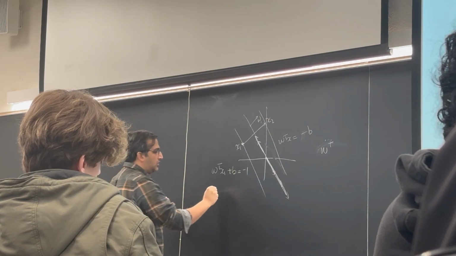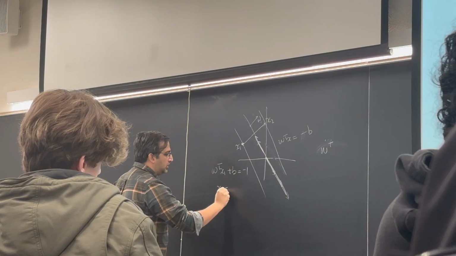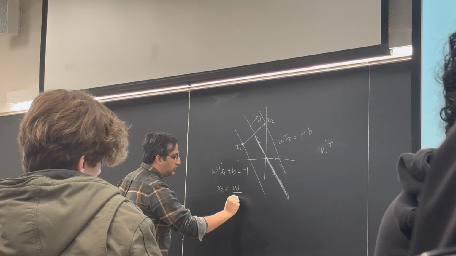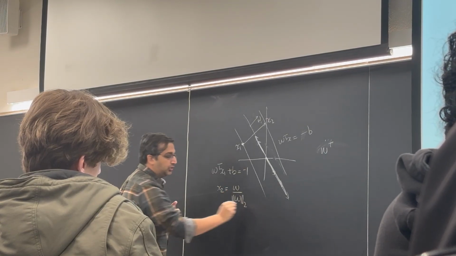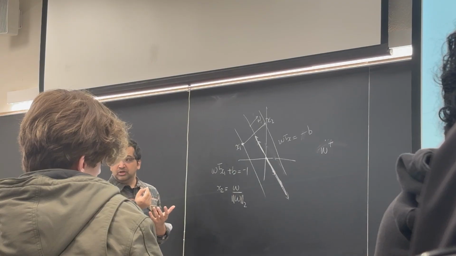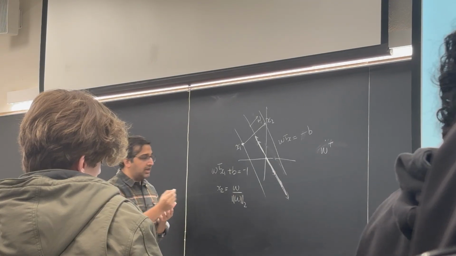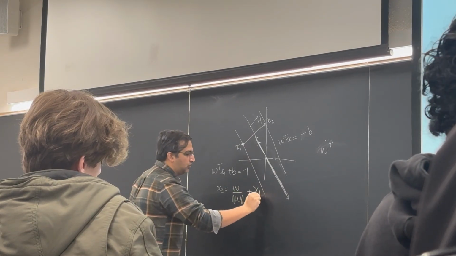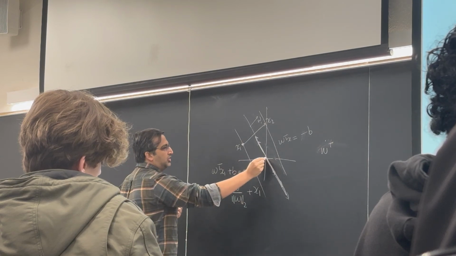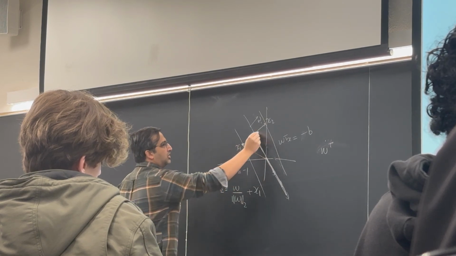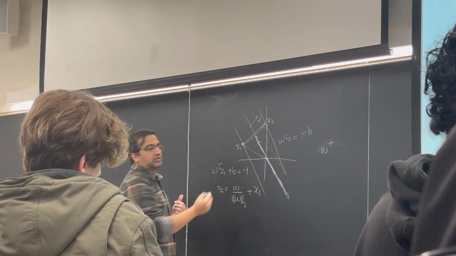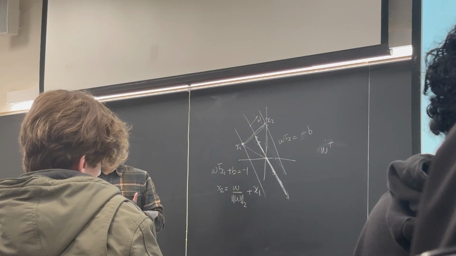So x2 is equal to W divided by the 2 norm of W, which is the length of W, right? And then I'm gonna add this x1 here. So if I'm at the origin, this is my x1, I'm gonna go in this direction, and that will give me x2, right? That's how you add vectors?